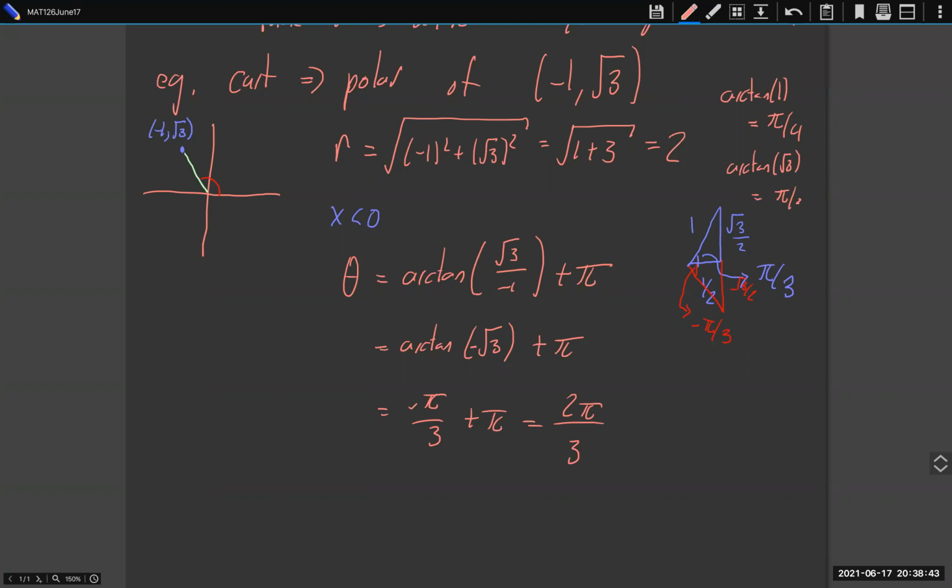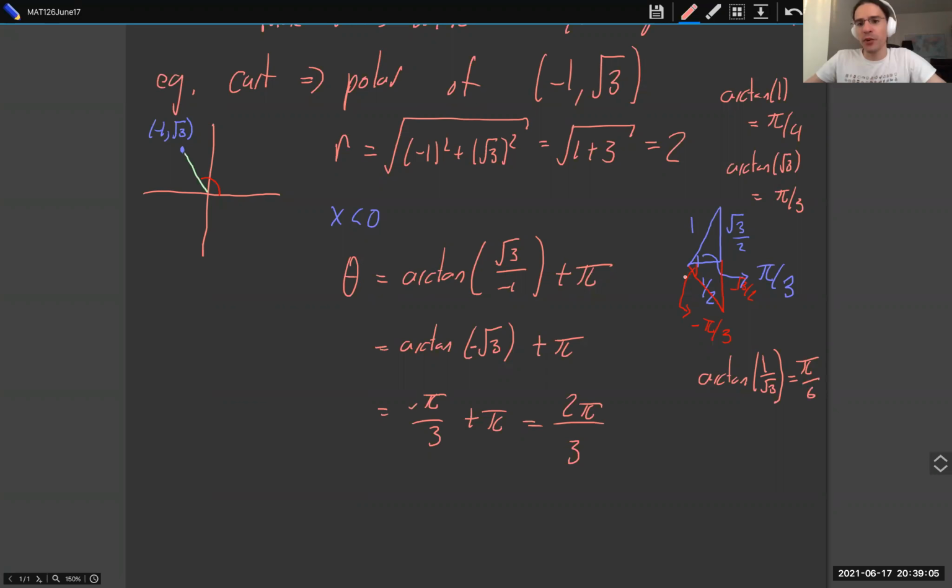And then arctan of negative root 3 is minus pi over 3. So once again, these are very special numbers. What about arctan of 1 over root 3? Is that pi over 6? Exactly. If it were 30 degrees instead of 60 degrees, you'd swap these 2 sides. So these are your special values of arctan.